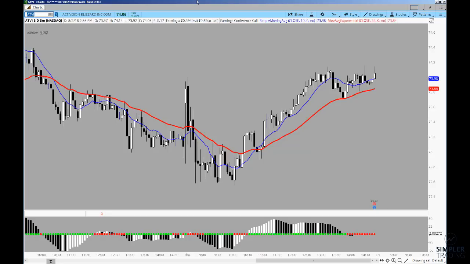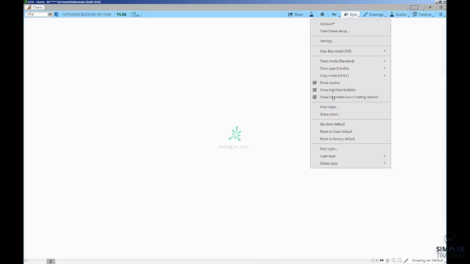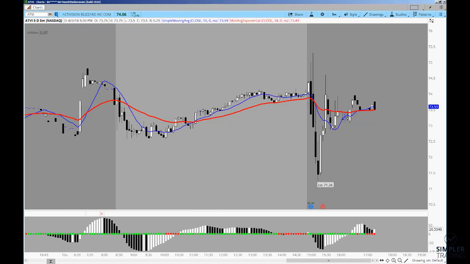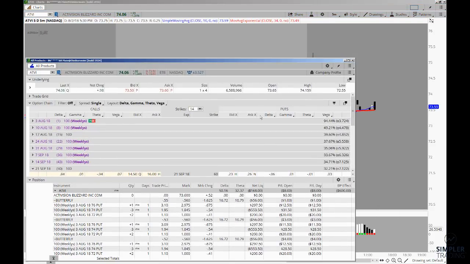And then if we come back and look at Activision, the main idea I wanted to share with you here is, for the longest time I would look at names, and if I wanted to be bullish on them, I would just look at selling put options. That works fine if you can get up off of that strike, but these strategies tend to be a little bit more forgiving if you get the truly more neutral move.